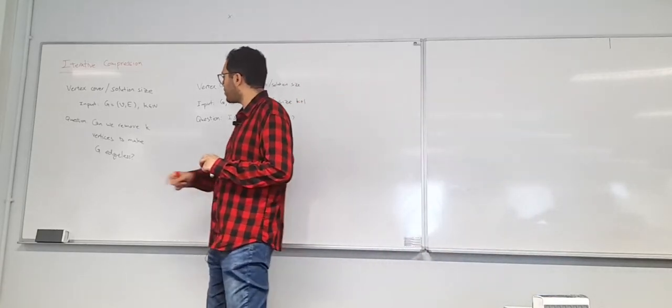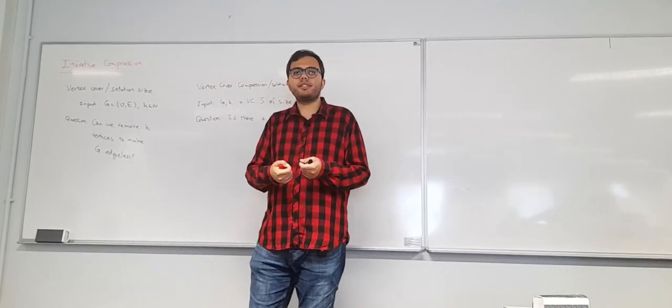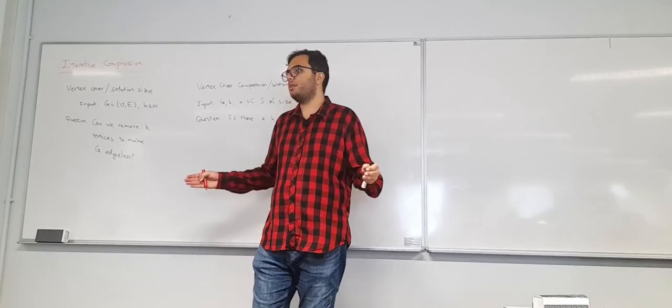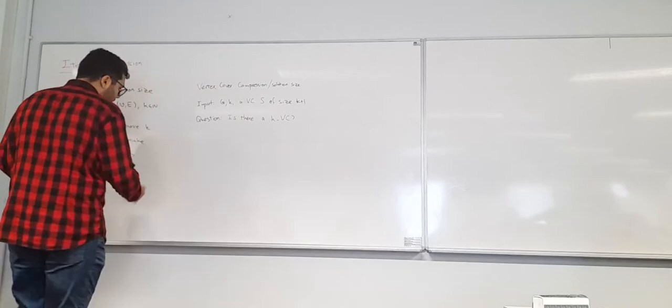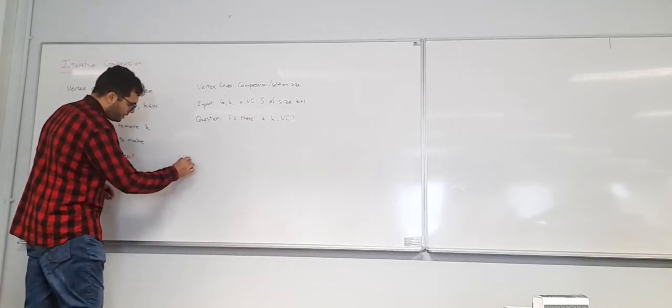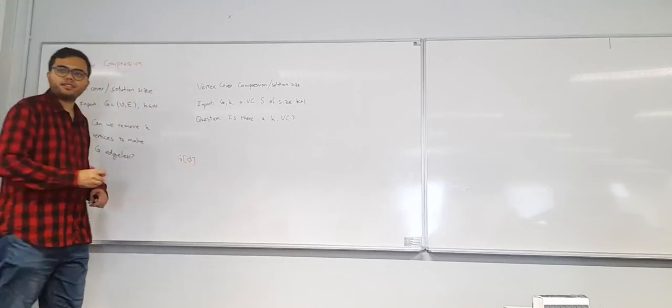So I just take my graph G, and I add its vertices one by one. So I just create a sequence of subgraphs of G. Okay, so I start with the empty graph. So I can show it like this, the empty graph. And then I add my first vertex.